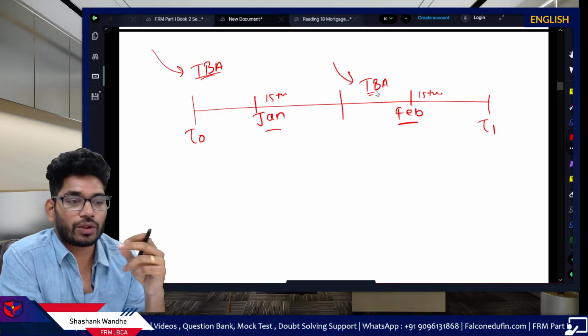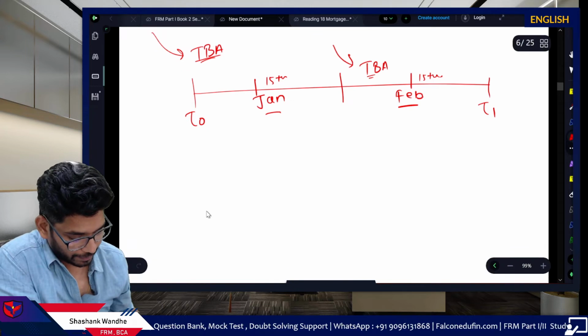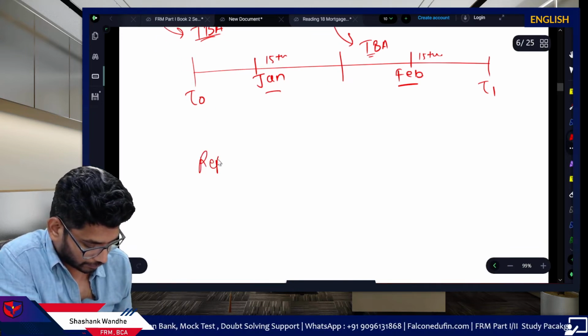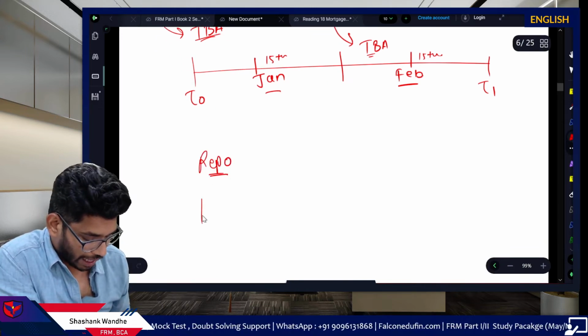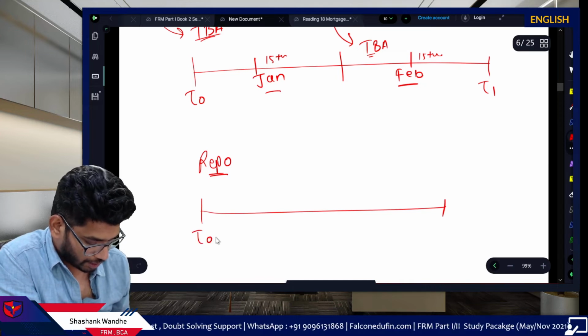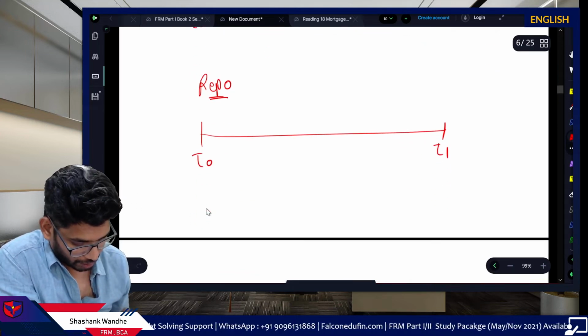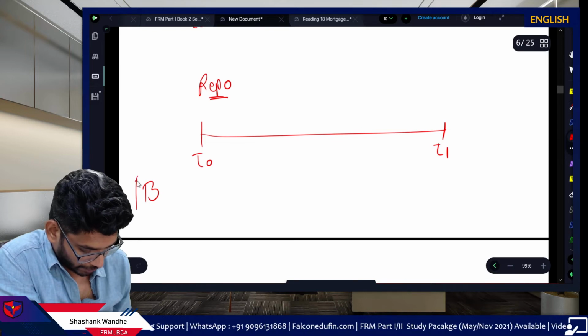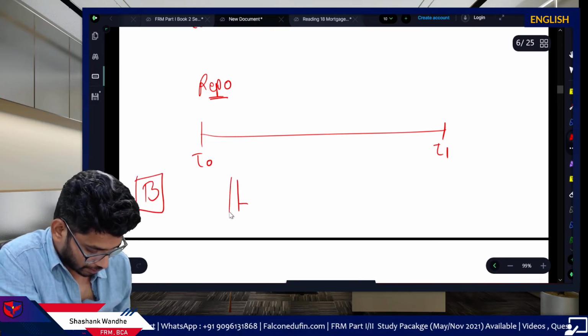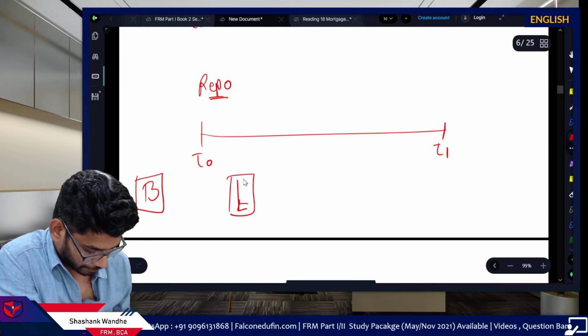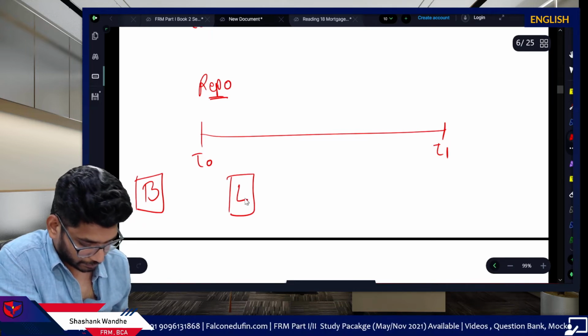How? So, you know the repo, repurchase agreement. So what happens in the repo? So this is T0, this is T1, and this is borrower, and this is lender.